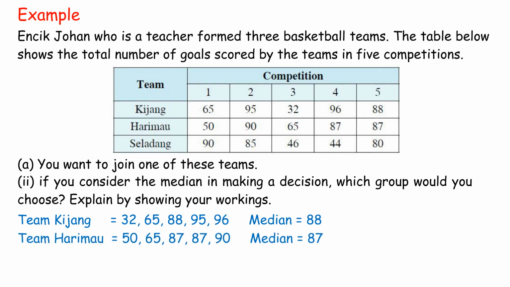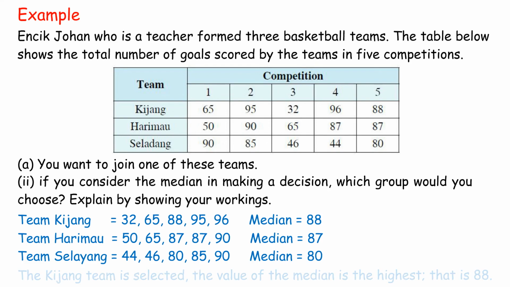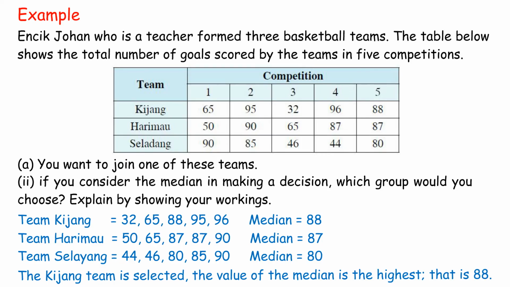Team Harimau equals 50, 65, 87, 87, 90, median equals 87. Team Singa equals 44, 46, 80, 85, 90, median equals 80. The Kijang team is selected because the value of the median is the highest.